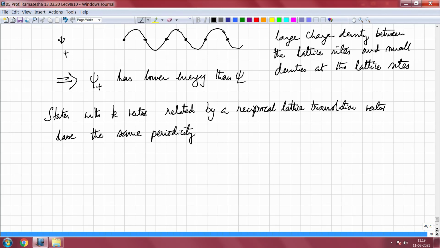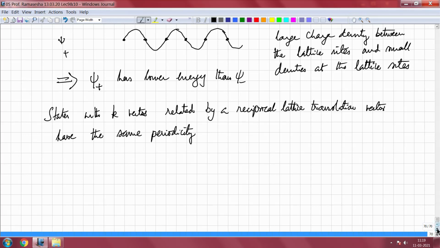That is, e to the i k dot r and e to the i (k plus k_m) dot r both have the same periodicity. So, instead of looking at energy as a single valued function of k, with k going from minus infinity to infinity, we can think of energy as a multiple valued function with k restricted to minus pi by a to pi by a.